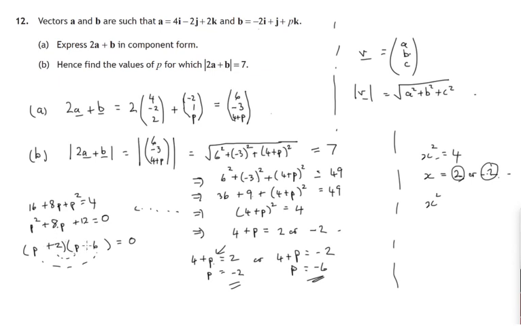We add them to get 8P. So there's our two factors there, for one or other of them to be 0, so P plus 2 equals 0, or P plus 6 is equal to 0. So P is -2 or P is -6, as we had before. So that's the two possible values for P that make the magnitude of the vector 2A plus B equal to 7.